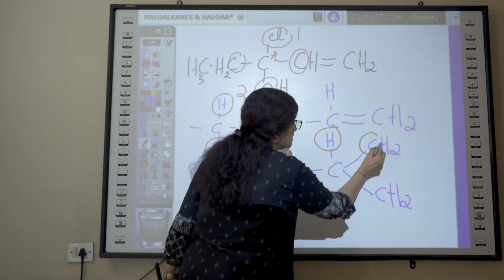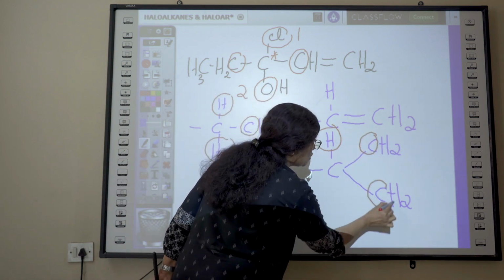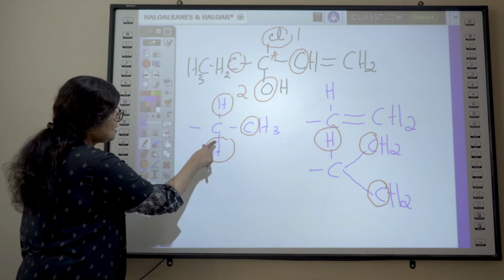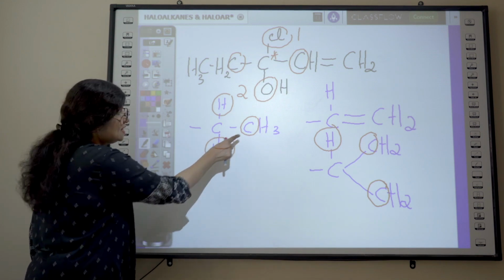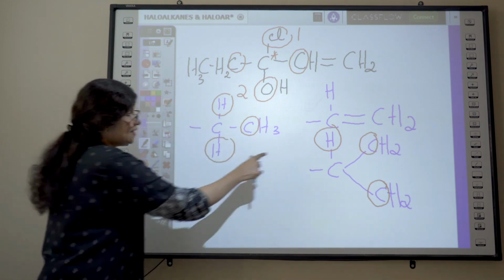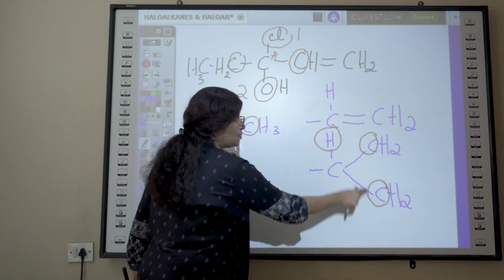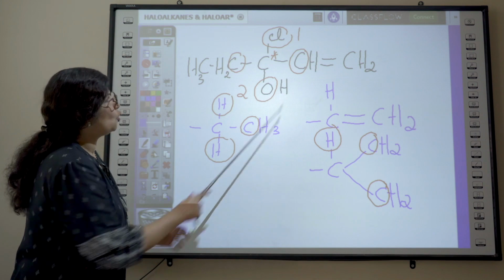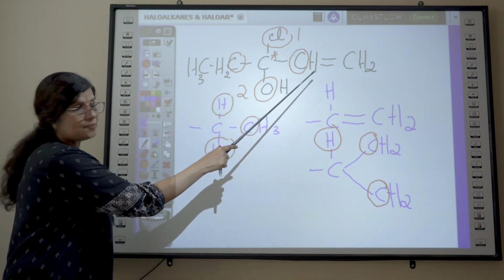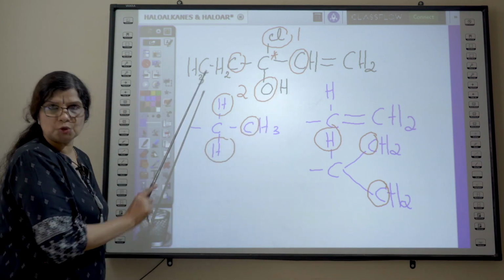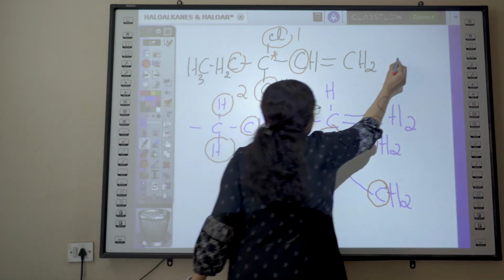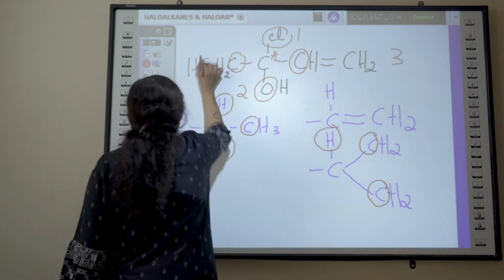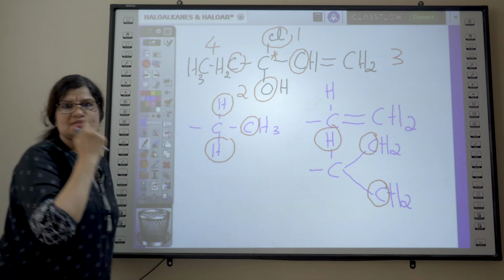The second attachment is to a carbon, and the third attachment is also to a carbon. Here, the second attachment is to a hydrogen, and the third attachment is to a carbon. Here, second and third attachments are both towards carbon. As a result, this group is assigned a higher priority than the ethyl group. So, we assign priority number 3 to this and priority number 4 to this.